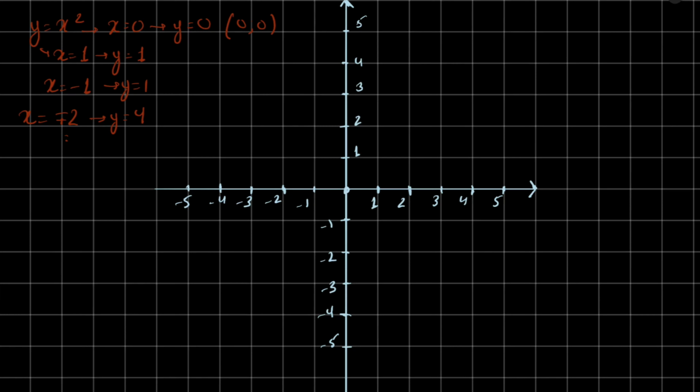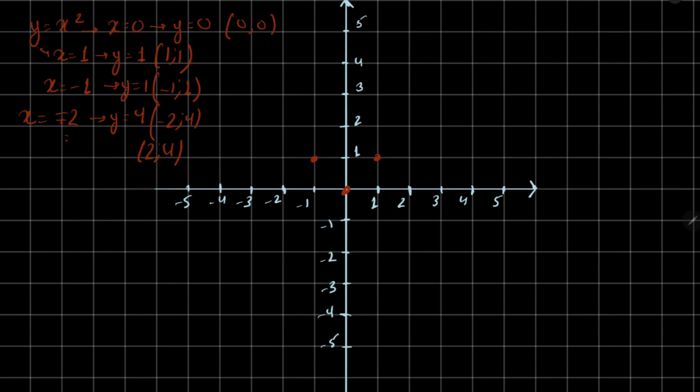Then the first point is on the origin 0, 0. The second point has the abscissa of 1 and the ordinate of 1. Then the point will be here. The third point will have the abscissa of minus 1 and the ordinate of 1. Then the point will be plotted here. And the fourth and the fifth point have minus 2, 4 and 2, 4.